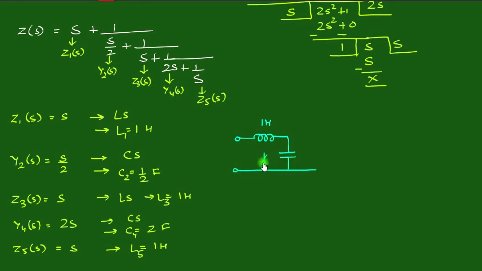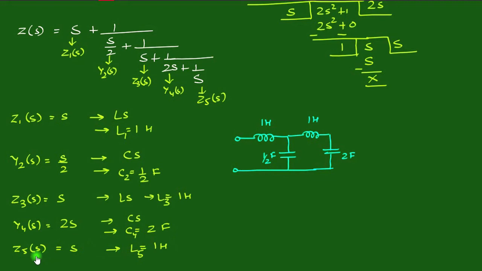So connecting it in parallel, having the value 1 by 2 farad. The next element is Z3, an impedance function, and it is an inductor, so connecting it in series, it will be a 1 Henry inductor. The next element is an admittance function which is a capacitor, so connecting it in parallel, I will get a capacitor of 2 farad here.